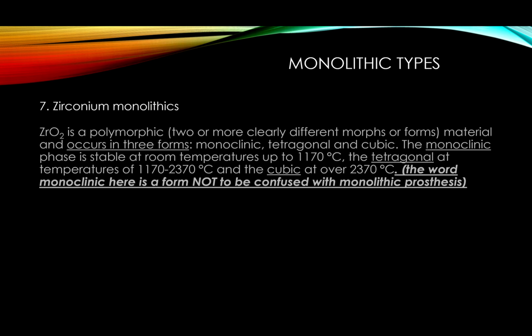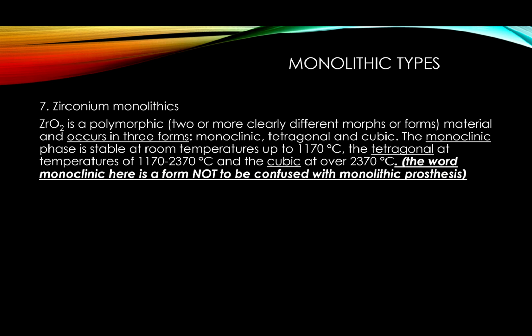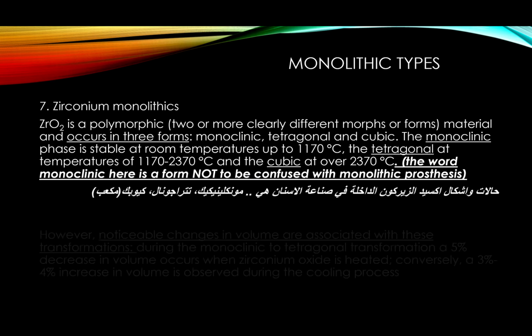Now, the word monolithic is not to be confused with the word monoclinic. Monolithic means one layered, a monolayered. But monoclinic is a phase of zirconia that we will be talking about, one of the 3 phases of zirconia.